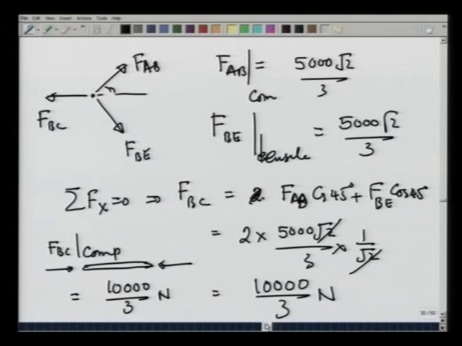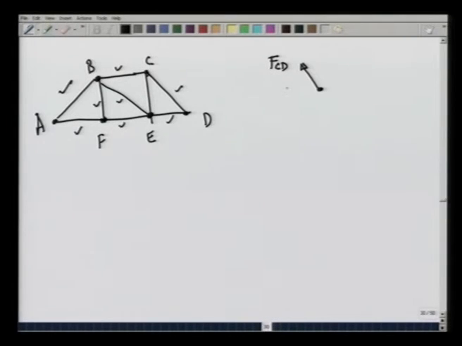So, FBC was compressive and therefore, it will push point C in this manner. FCE is what we want to calculate, and these are the three forces under which the system is in equilibrium.